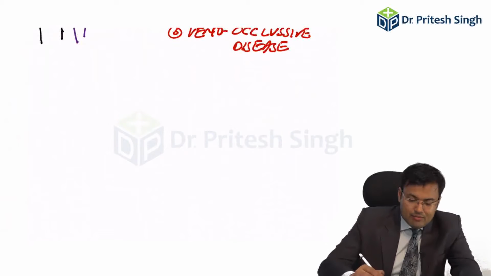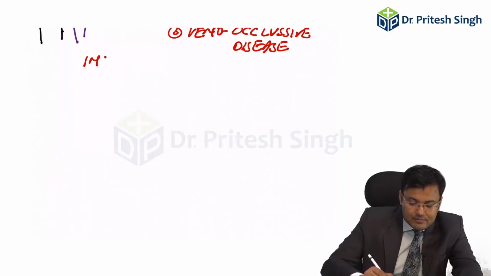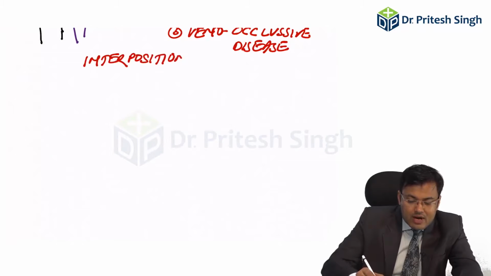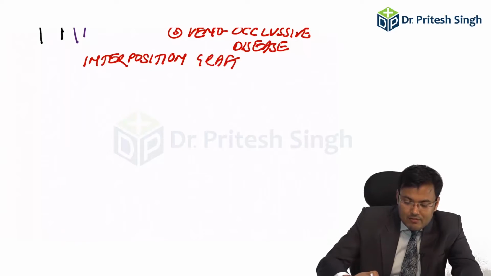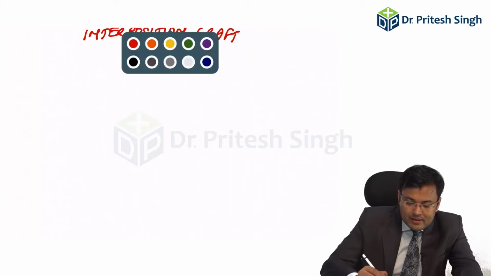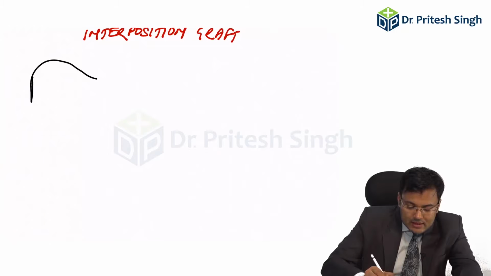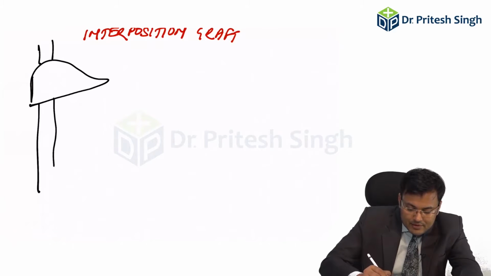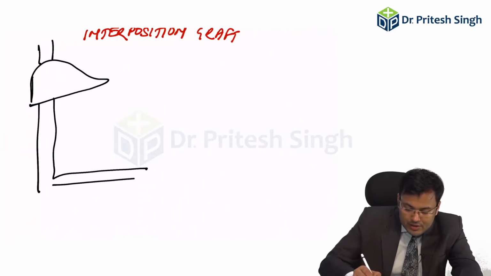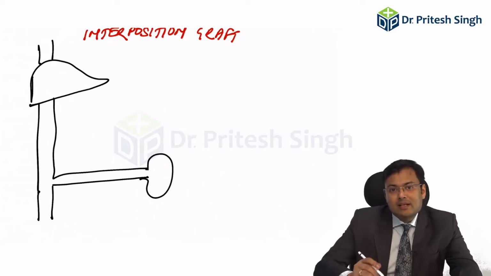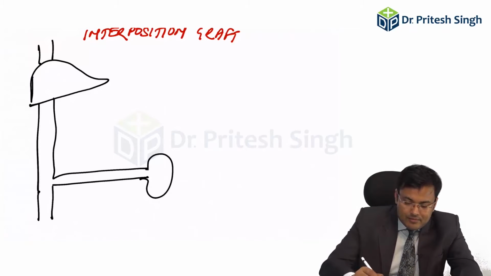Third is interposition graft. Now have a look how we are using this interposition graft. Very simple. See this? This is liver. This is inferior vena cava. And this is one tributary known as left renal vein.